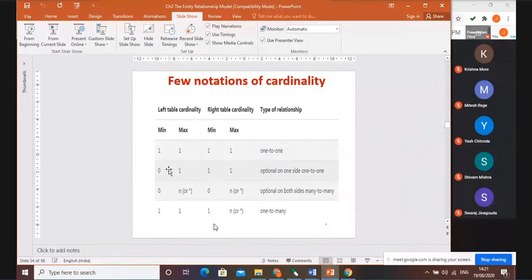Same way, if we have 0, 1, minimum 0, maximum 1, minimum 0 and maximum 1 means optional, right? So maximum is 1 only. So it indicates 1 on the left side, and here minimum 0, maximum 1, again 1.